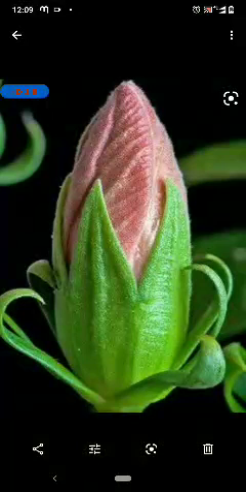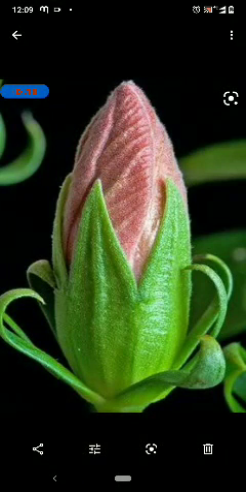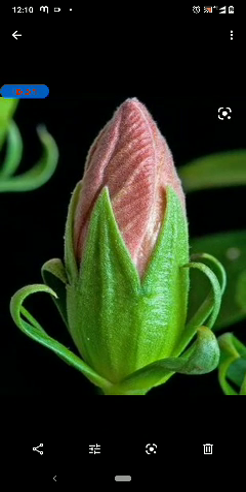See the calyx. The green part which is covering the bud for the protection purpose is called as calyx. They are green in color, and initially the bud is fully covered with these green leaves. Later on, as the size of the bud increases, it gets sections on it and it will be a small part on the flower.